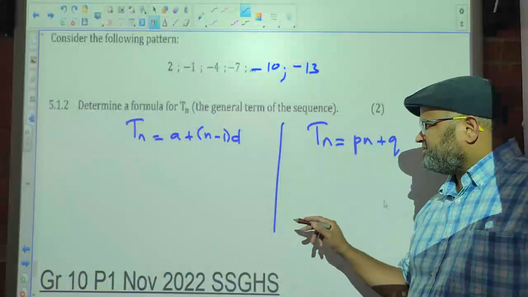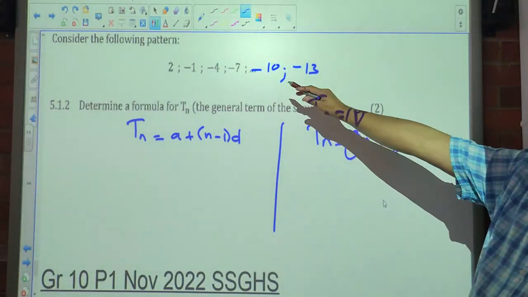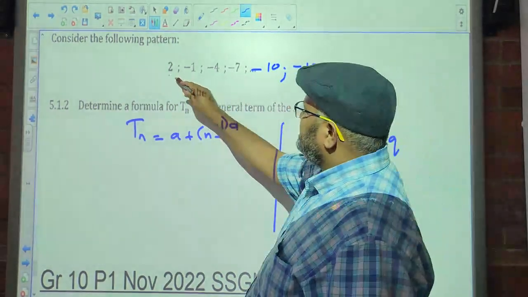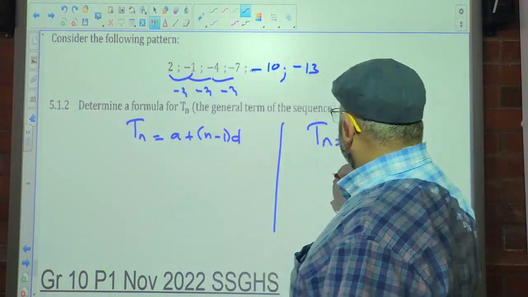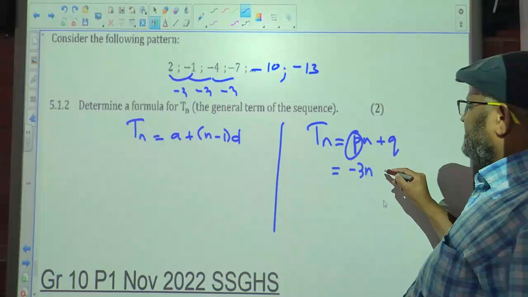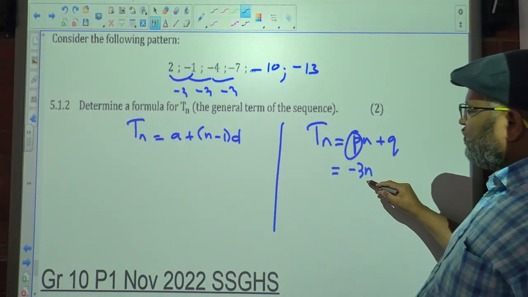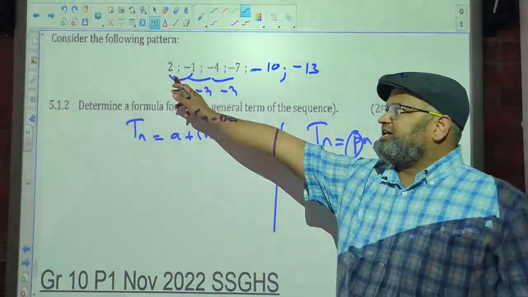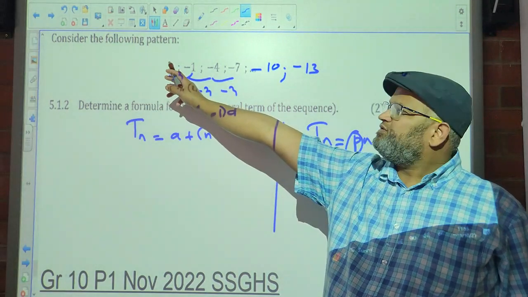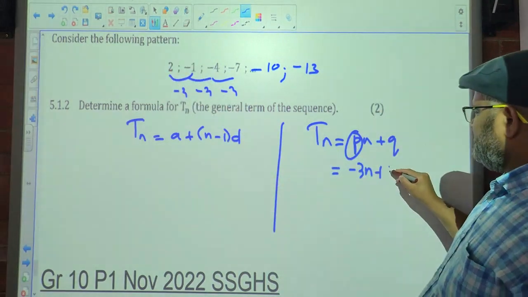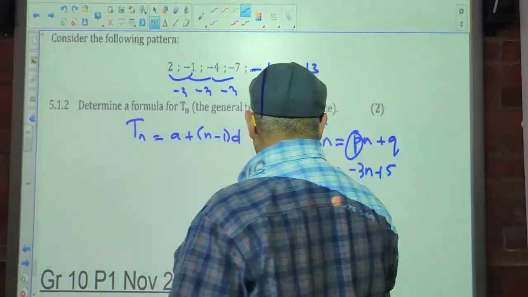Let's do both ways. This here is the number that we're adding or subtracting all the time. In this case, it's going to be negative. So that's going to be negative 3n. So if n is 1, then this is negative 3. What must be added to negative 3 to get 2? 5.